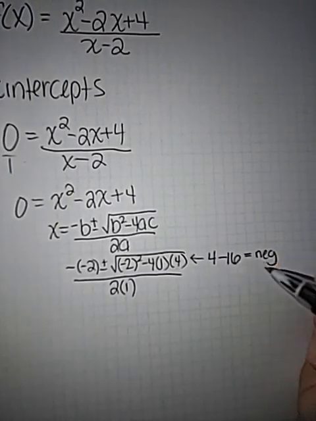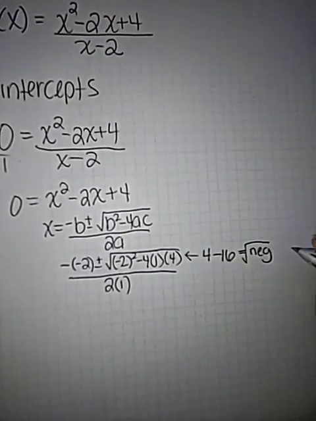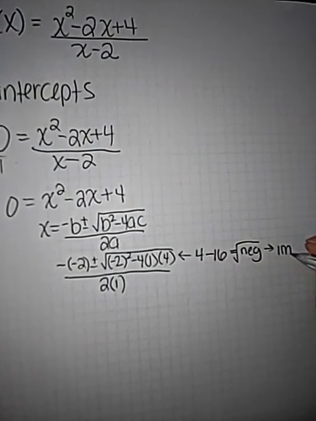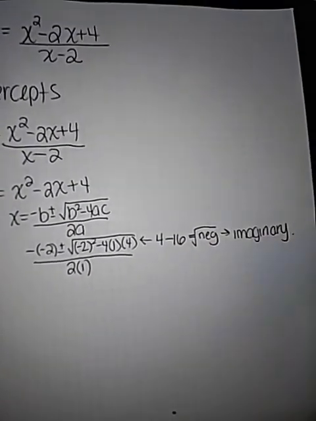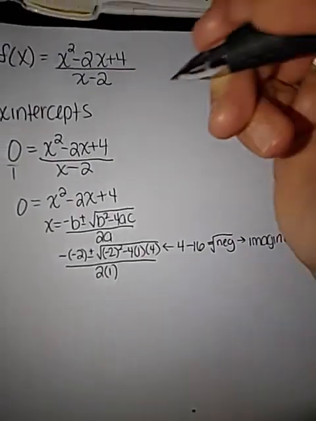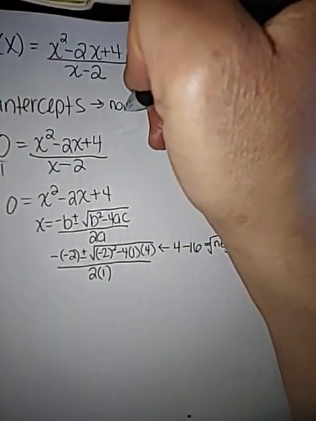And if I have a negative under the radical, I know this is only going to have imaginary solutions. So for my x-intercepts, that means there are none.